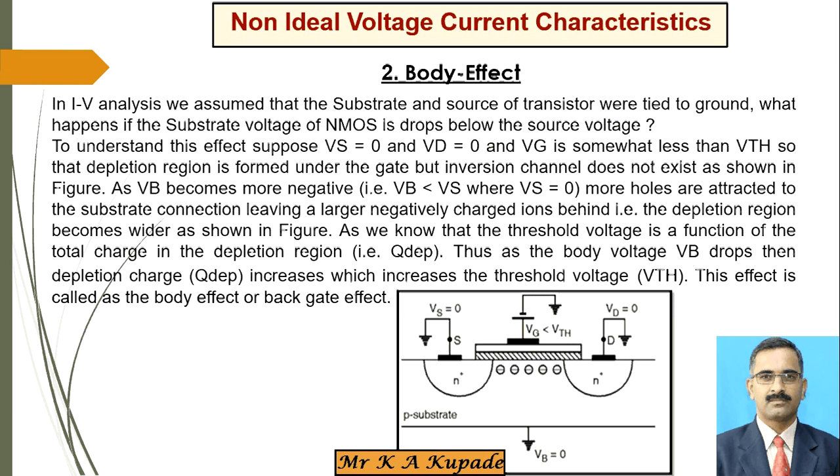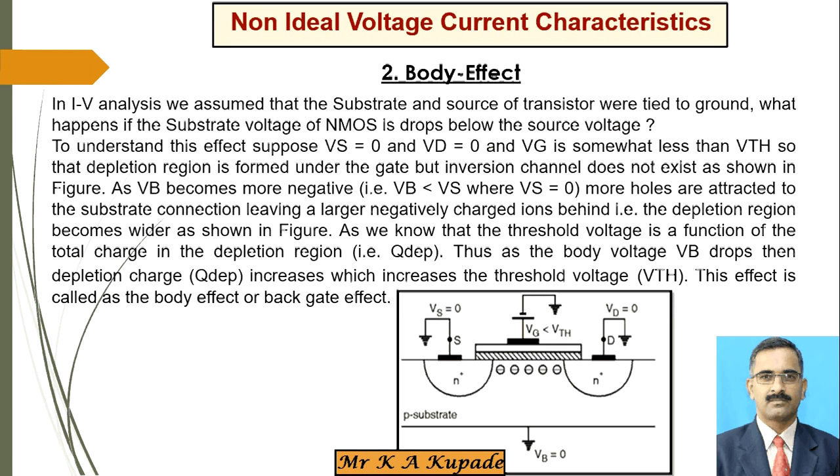Now, the body effect, which is another thing. In the current-voltage analysis, we assumed that the substrate and source of the MOSFET are grounded. See in this figure, the substrate voltage VB is equal to 0, shown as ground.